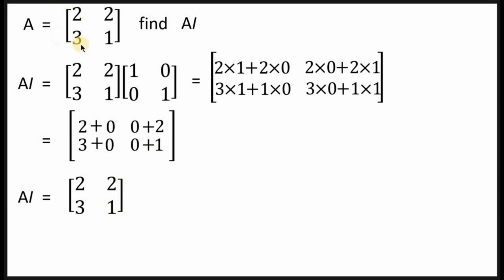This is the same matrix we had, and this is the final answer. This now verifies or confirms the statement we had given, that if you multiply an identity matrix with a matrix, the product is just that matrix you multiply it with.